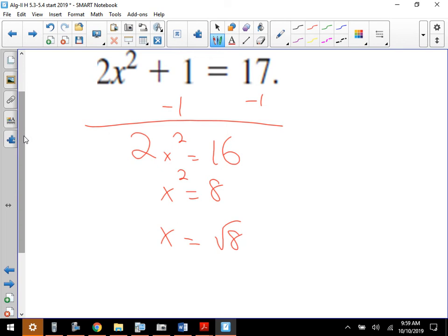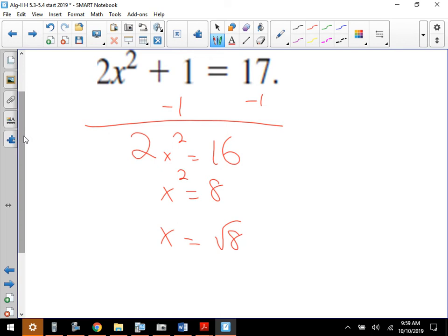What other number is it? 4 times 4 is not 8. 2.82? Well, that is a square root. Let's see.